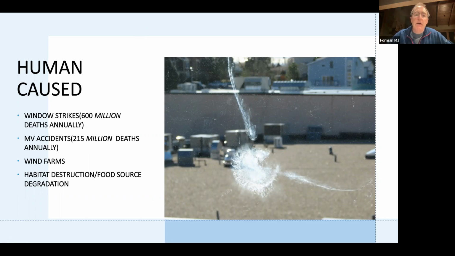So these all become issues, and they kind of build on themselves, because the more houses that are built, the more buildings that are constructed, the more possibility for window strikes, the more issues that we can have with conflict between our avian population, as well as our mammalian population, for sure, and people.